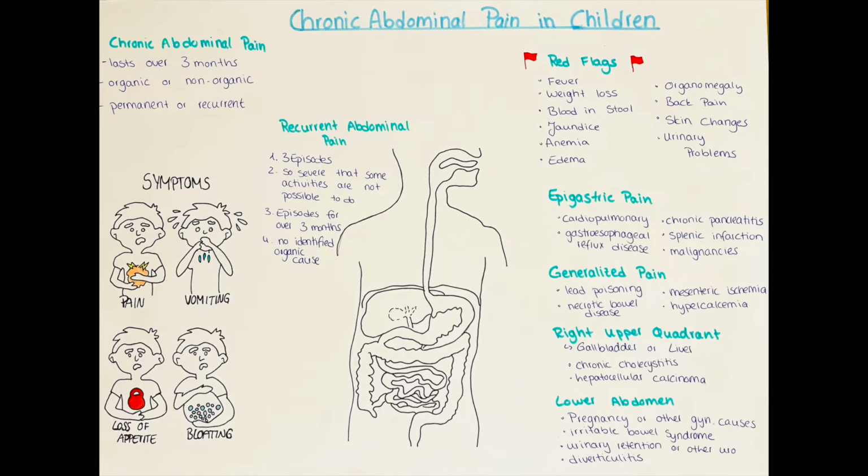The first one, the patient must have had at least 3 episodes of pain. The second, the pain is so severe that it makes the child unable to do certain activities. The third one, the pain episodes occur for over a period of 3 months. And the fourth and last one, there is no identified organic cause.